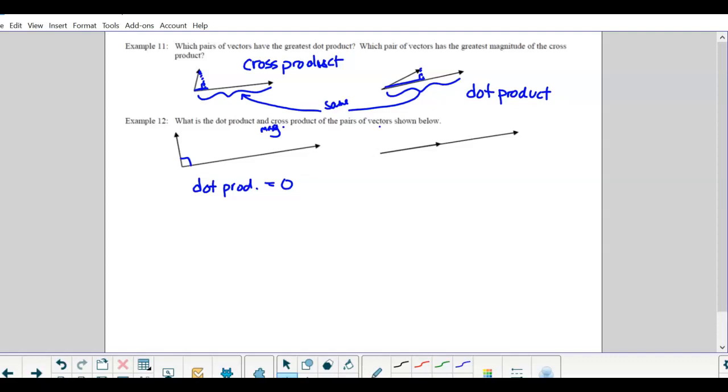So the magnitude of the cross product of two perpendicular vectors is entirely this magnitude times this, right? If you think about the formula, sine of 90 degrees is 1. So the magnitude of the cross product will be the product of the magnitudes of each. Why don't we label these?